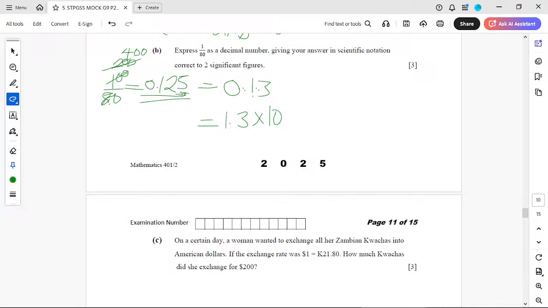So how many times has it moved to the right? It has moved one step, so we're going to raise it to negative 1. Okay, so 1.3 times 10 raised to the power of negative 1, and that is the answer. We have written it in scientific notation correct to 2 significant figures.